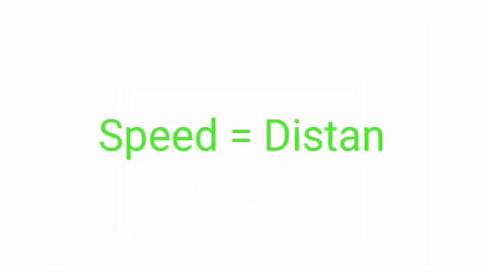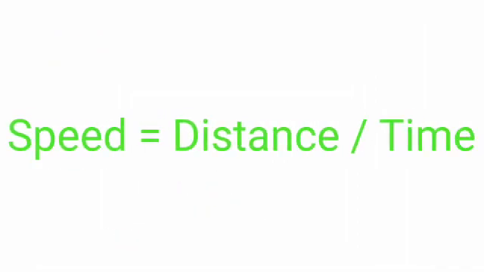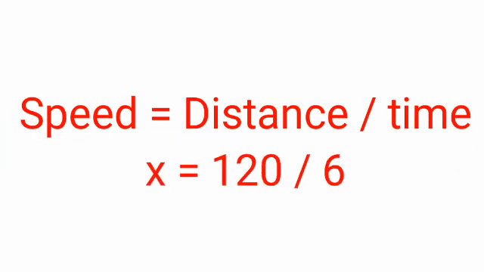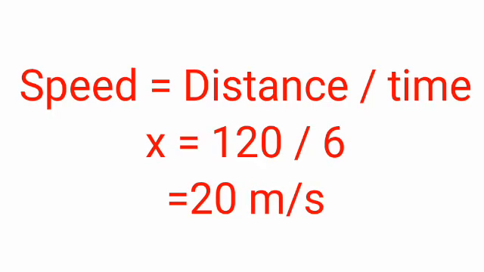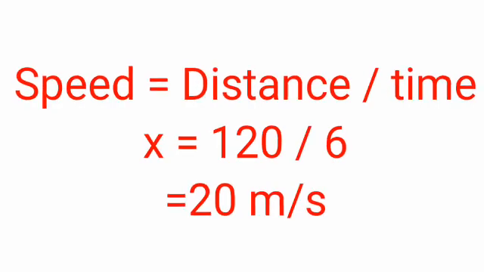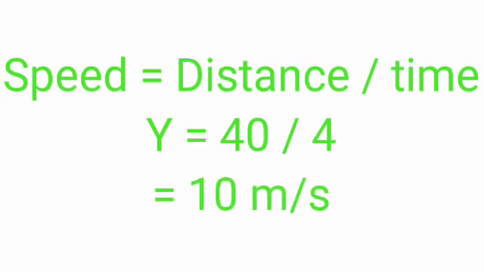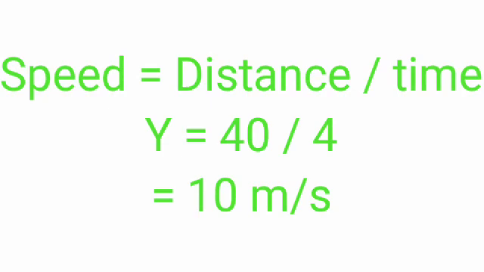So let us calculate how far they traveled in 1 second. Distance traveled by the person X in 1 second is 20 meters per second. Distance traveled by the person Y in 1 second is 10 meters per second.